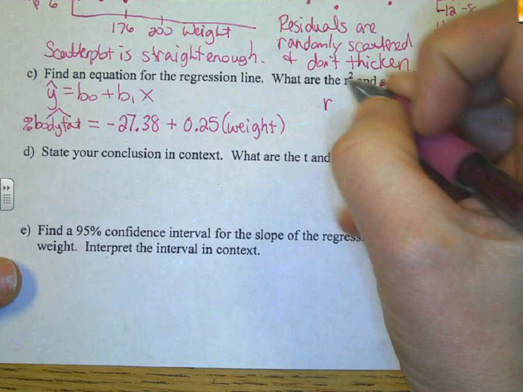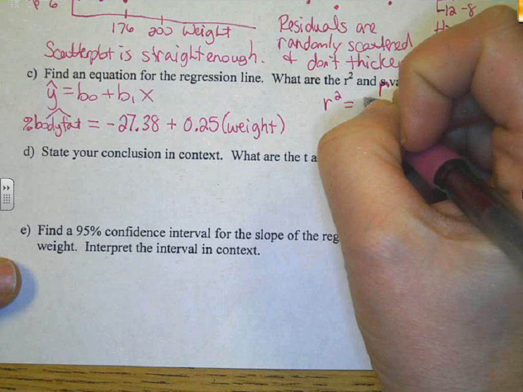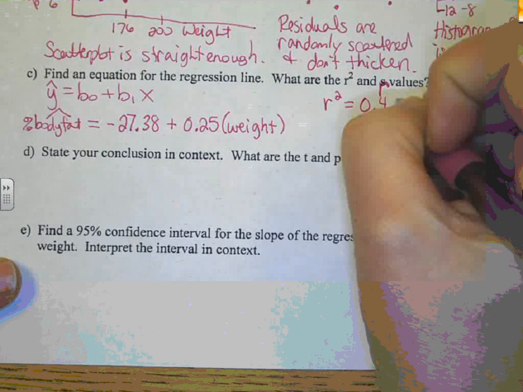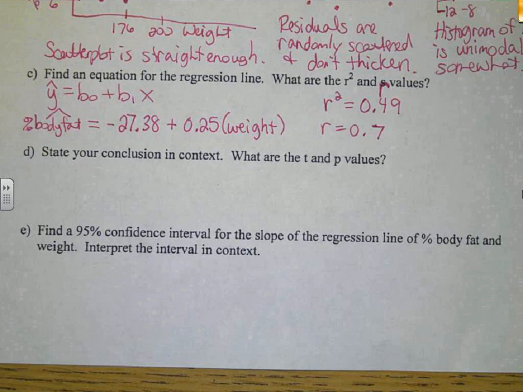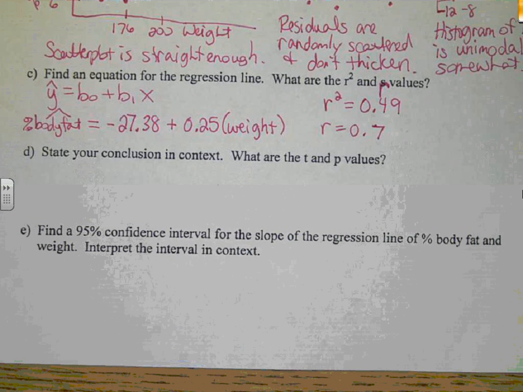How do we know the percent body fat is y hat? Well, it's the way we set it up. We put weight in L1 and body fat in L2, so body fat is y.